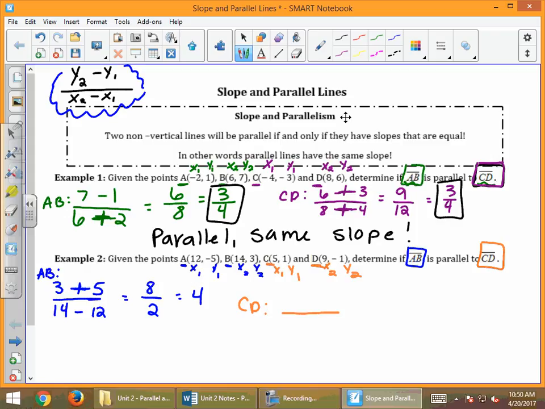Plug it into that formula: y2 minus y1 over x2 minus x1. No double negatives here, so go ahead and just simplify. -1 minus 1 is -2. 9 minus 5 is 4. -2 over 4 simplifies down to -1/2.